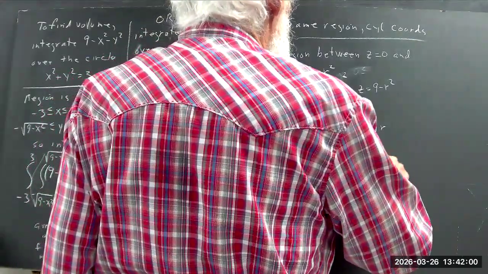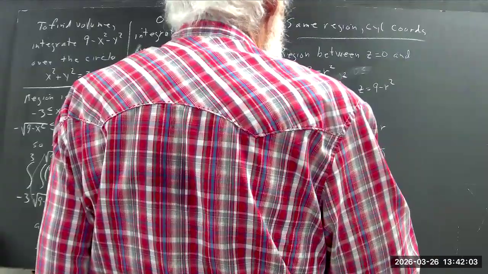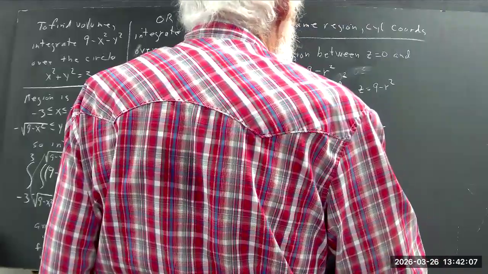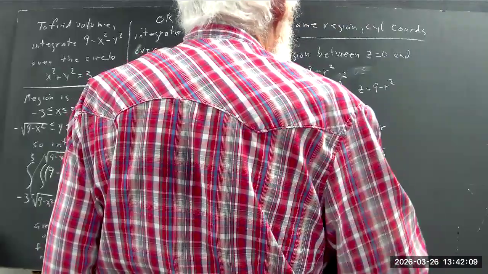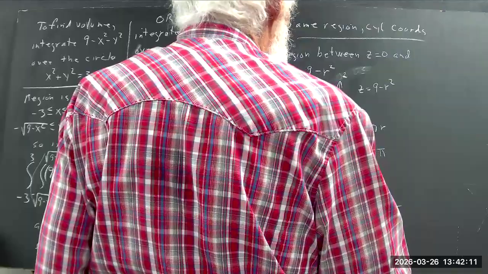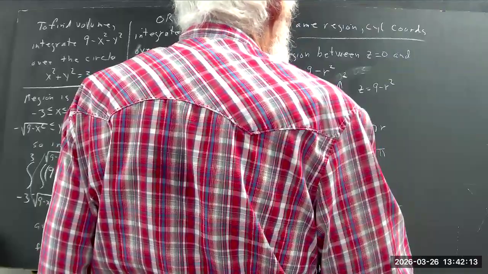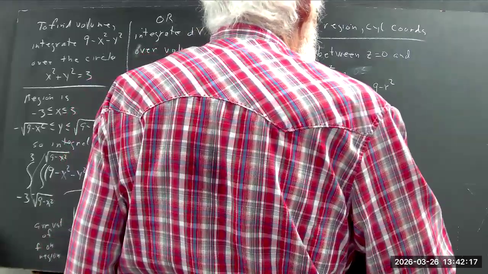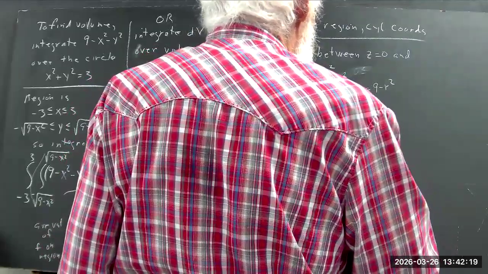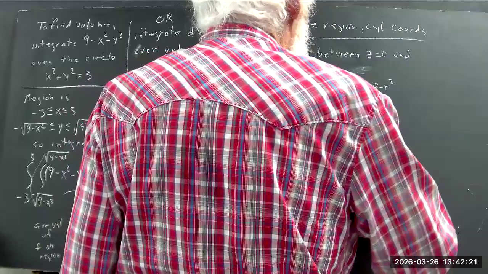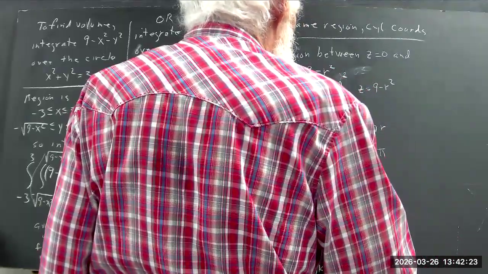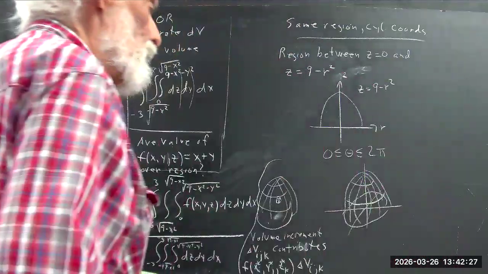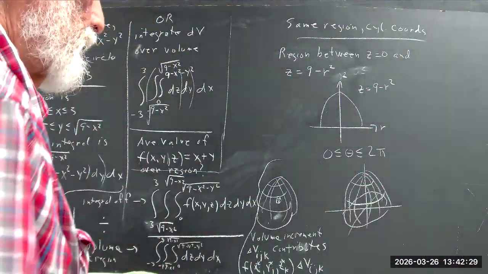Zero less than or equal to theta less than or equal to 2 pi tells you that you get to revolve this thing about the z-axis. So you get the same picture you had before. Badly drawn, but there it is.